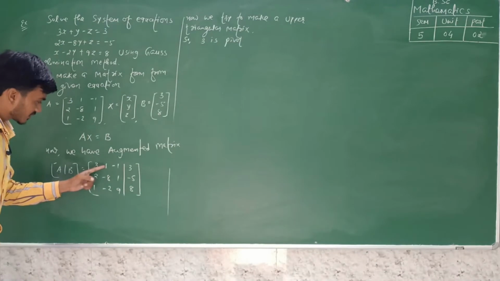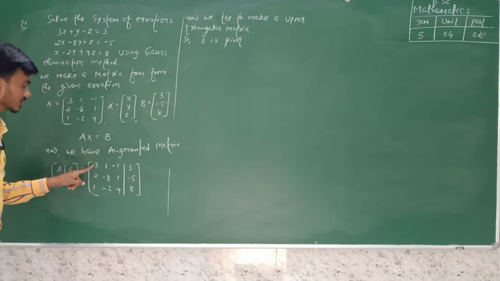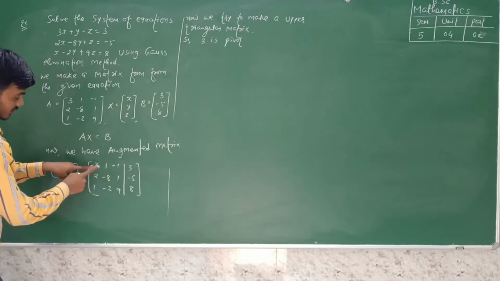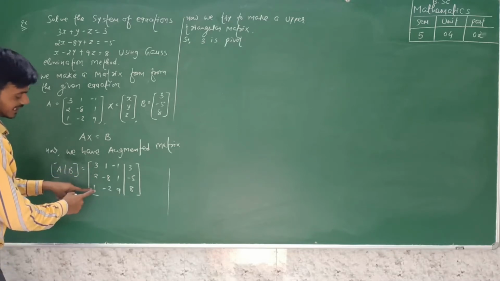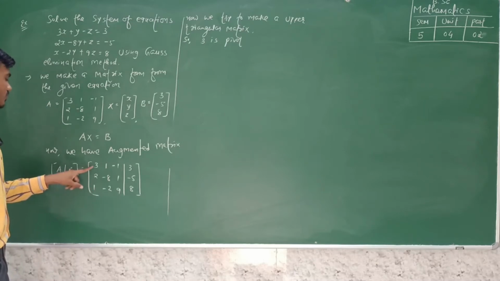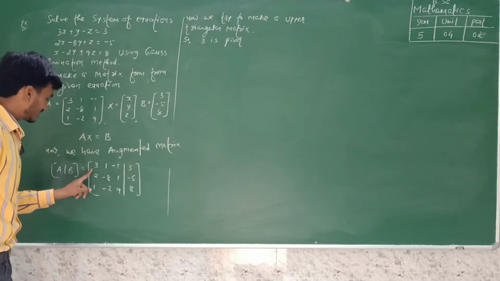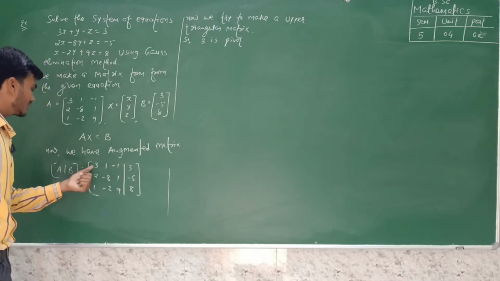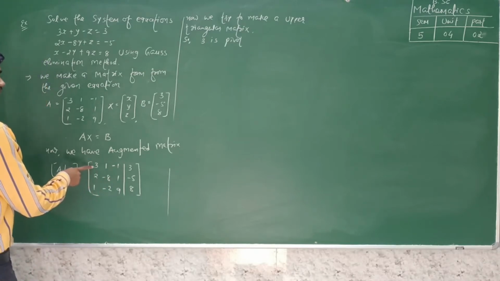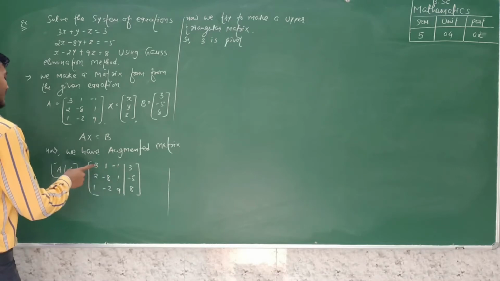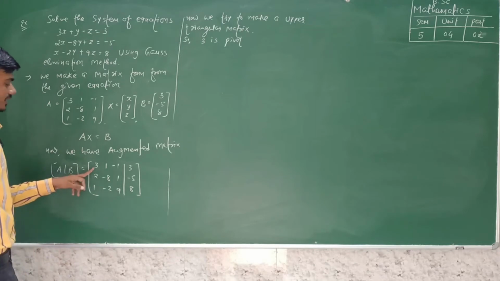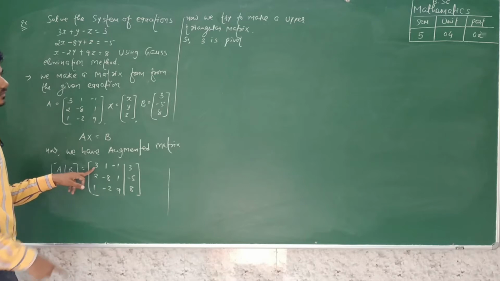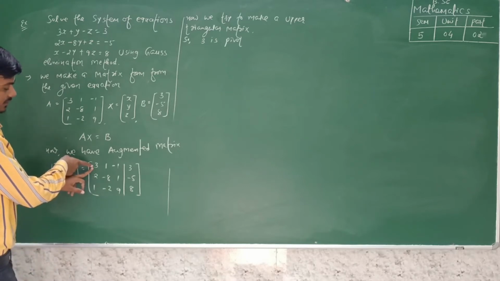The first row is not 0, so by using this row, these elements become 0.